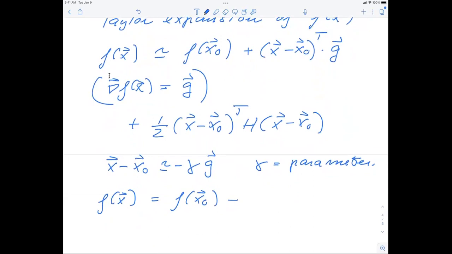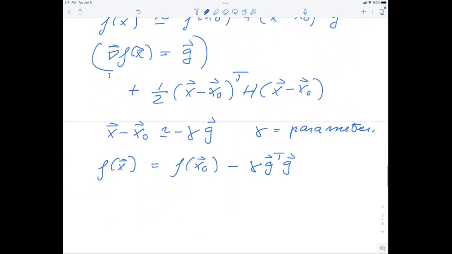So I have minus gamma times g transpose times g, the gradient, and in addition plus 1/2 gamma squared times g transpose times H times g.